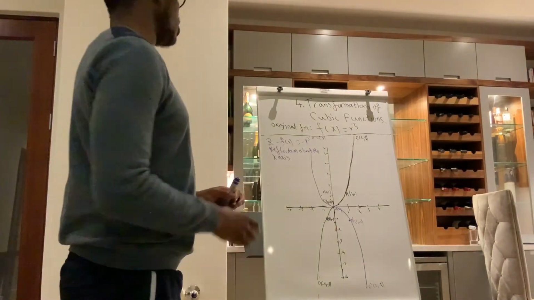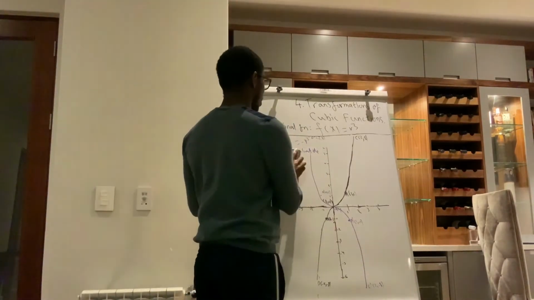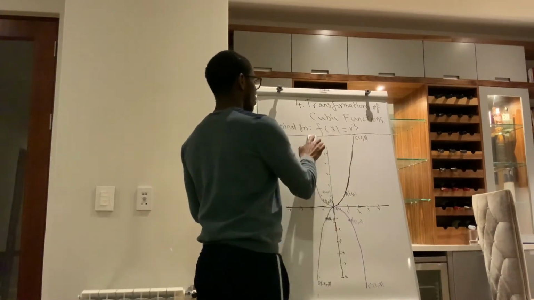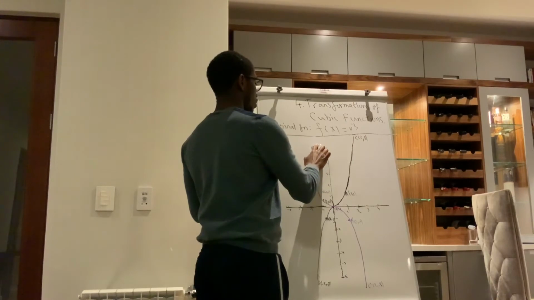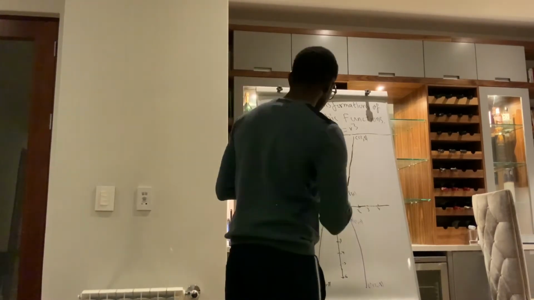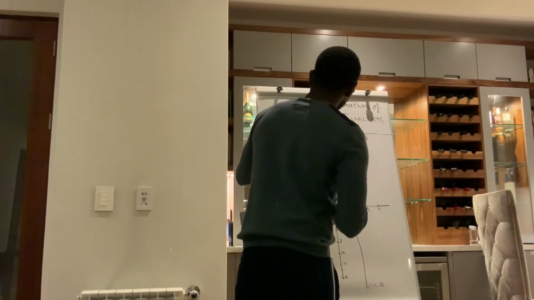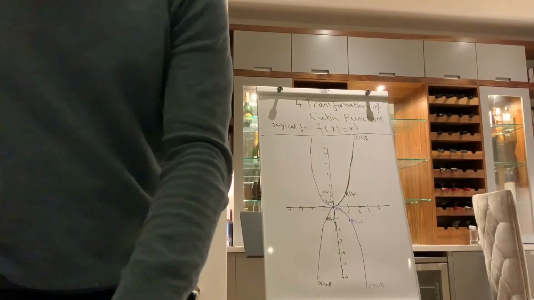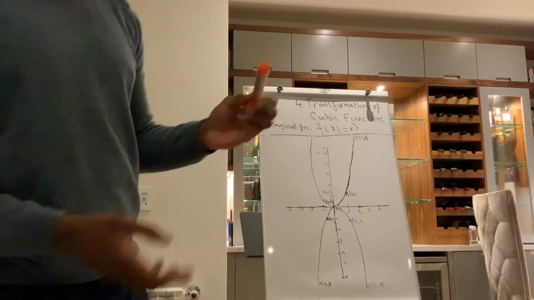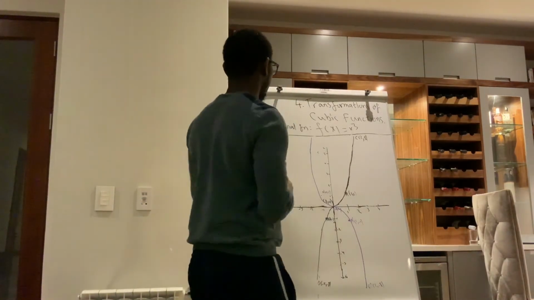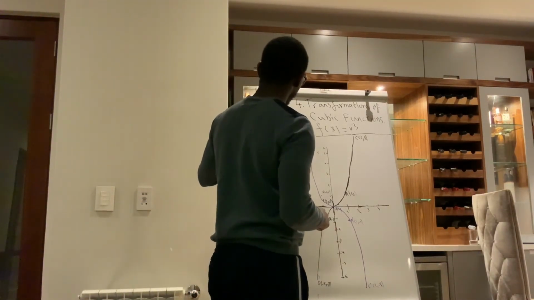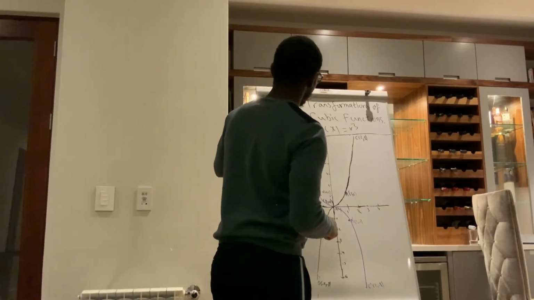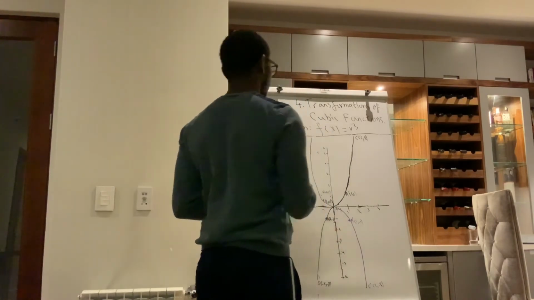So this function is unique because of the fourth transformation, or the last transformation we're going to look at, which is f of negative x, equal to negative x cubed.